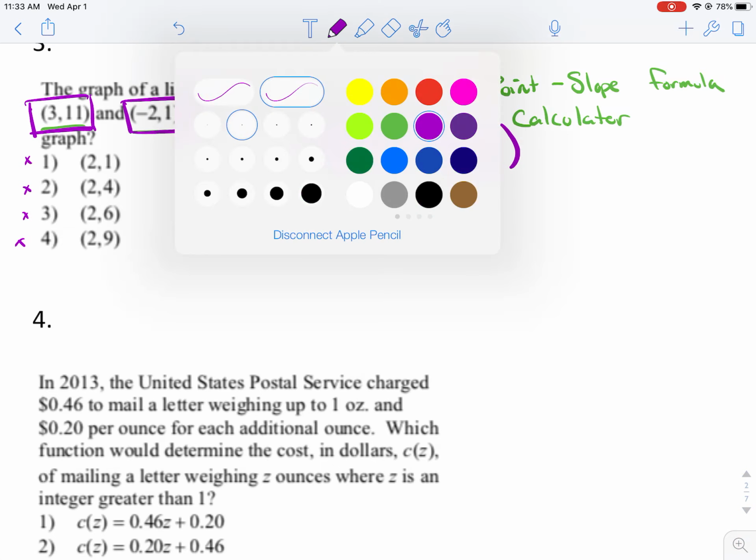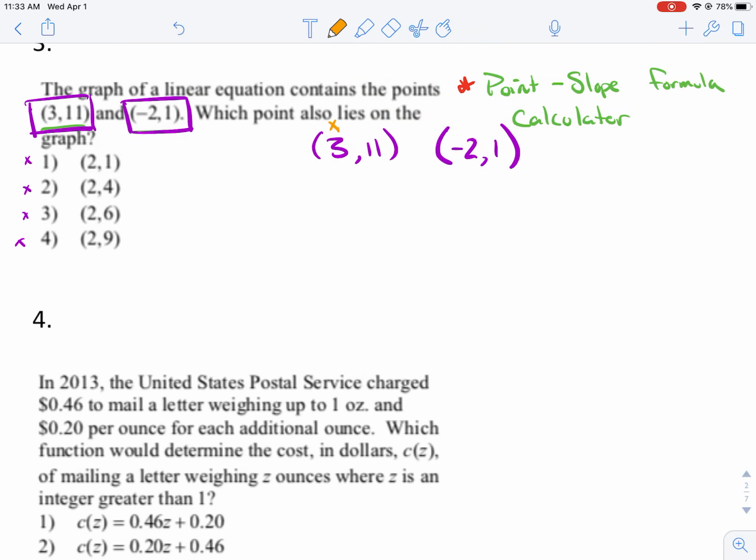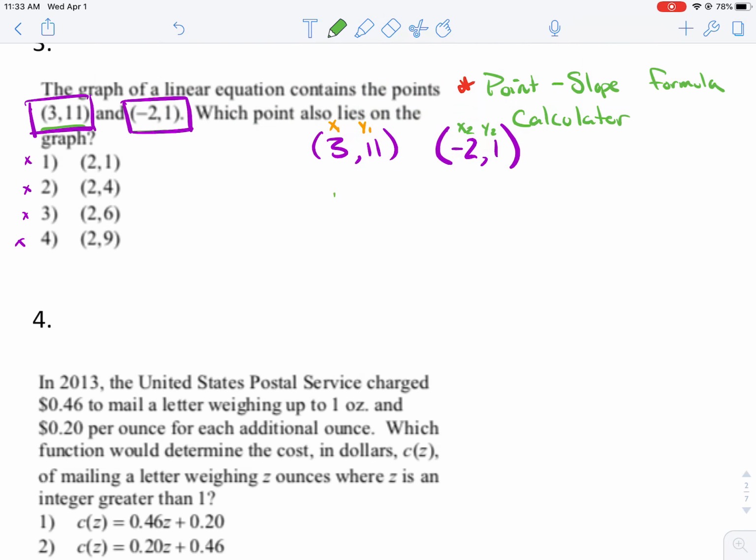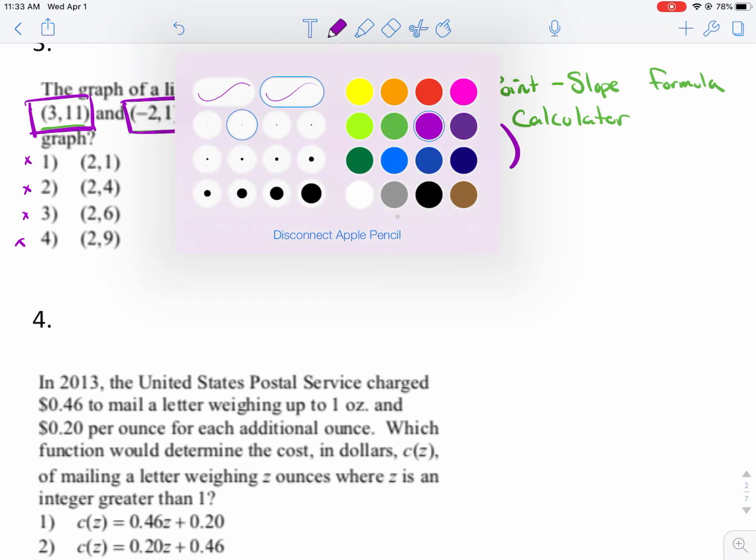Okay, so let me rewrite these points out over here. It's 3, 11 and negative 2, 1. And what I'm going to do, this is going to be x1, y1. It's going to be x2, y2.